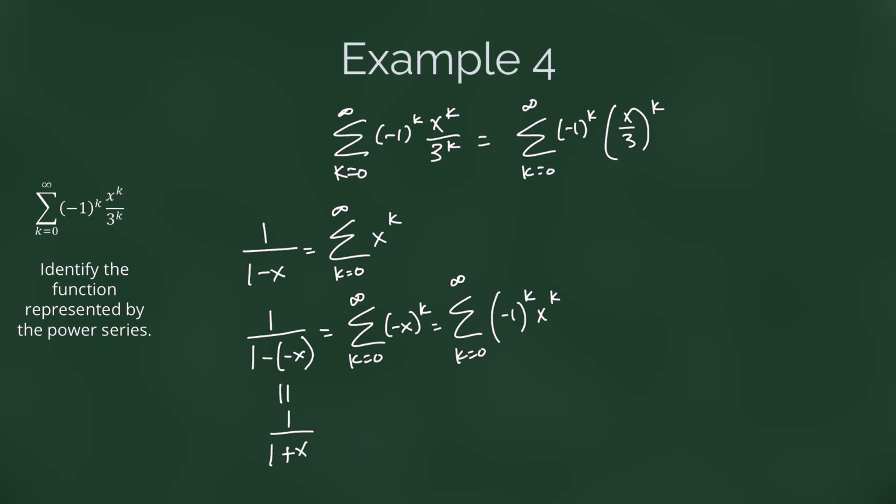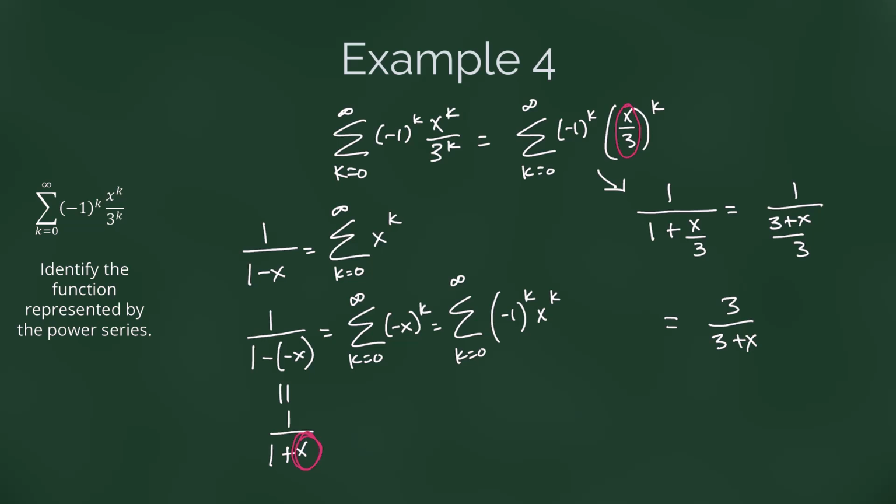So we now know that this thing must be the same as 1 over 1 plus not just x, because we have x over 3 here, so we're going to put x over 3 into our corresponding series. We get 1 over 1 plus x over 3. And we can tidy that up. We get 1 over 3 plus x over 3, which is 3 over 3 plus x.